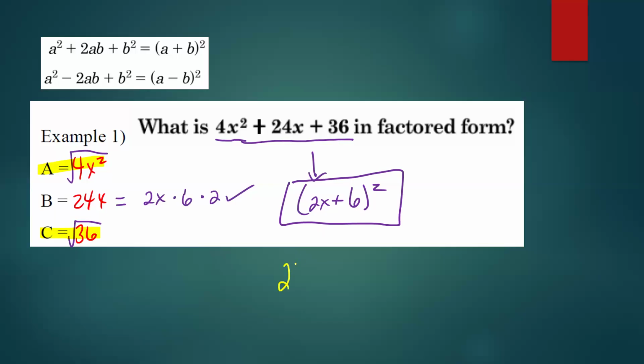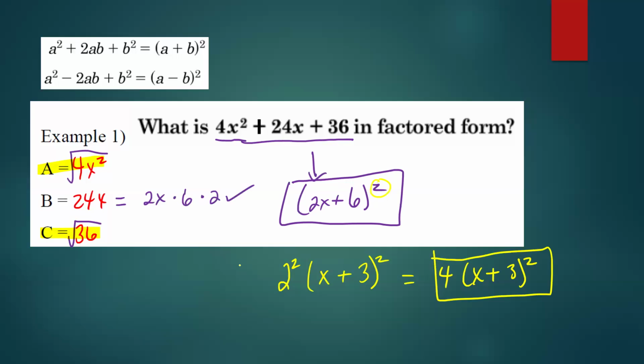So if I factor out 2, it's not just 2, but I have to factor out 2 what? Squared. So when I factor out 2, I'm left with x plus 3 squared. So fully factored, this would be 4 times x plus 3 squared. So this is fully factored. Nothing else can be taken out. Nothing else can be removed.